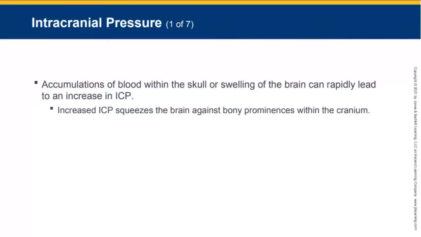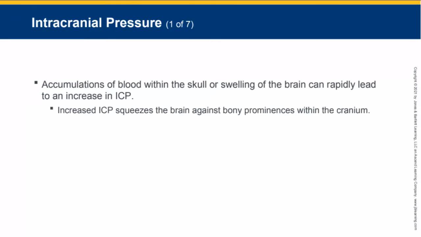Why this is so dangerous for the body is that once the ICP starts to rise, how the body compensates for this rise actually makes it worse. So when the body detects that intracranial pressure is going up, it will increase the blood pressure. So the body is going to try and increase the patient's blood pressure.